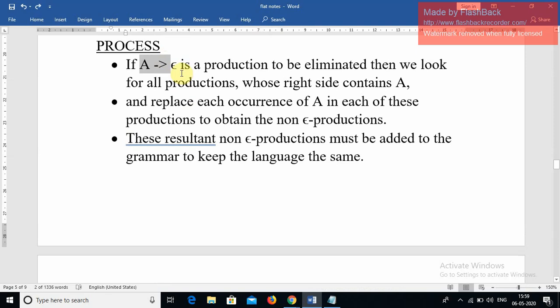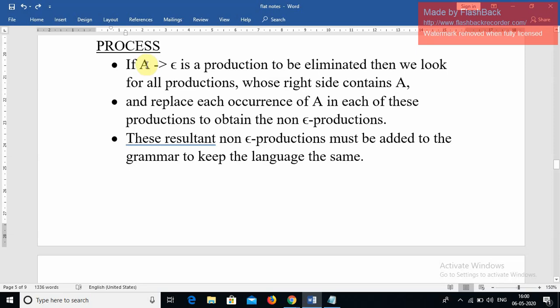First we have to check whether A, a non-terminal, exists on the right side of any production rules. So A to epsilon is a null production. To remove this, we have to check all production rules.